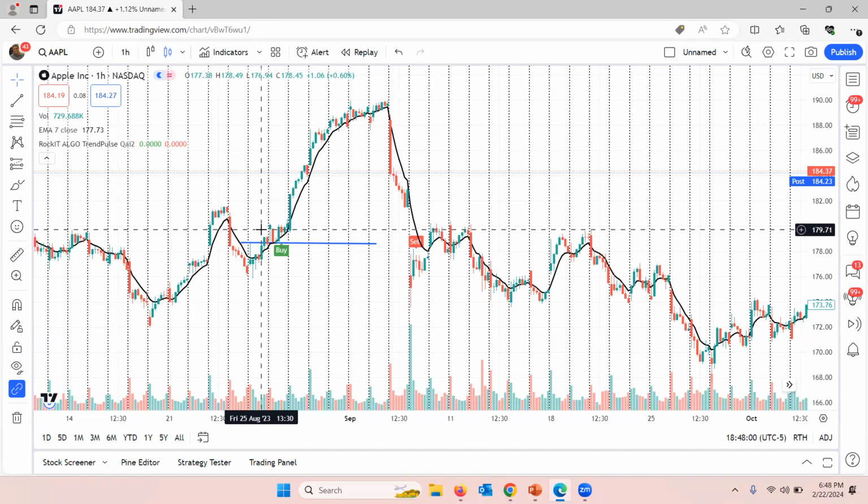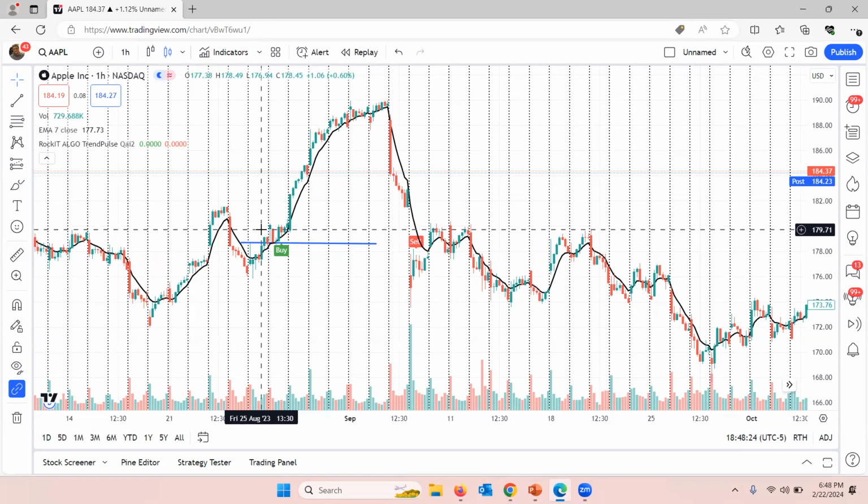On an uptrend, if the 7 EMA crosses below the trigger line, you exit the trade. On a downtrend, a sell signal, if the 7 EMA crosses above the trigger line, you exit the trade. Now, the trigger line will move based on certain conditions, which I'll show you.